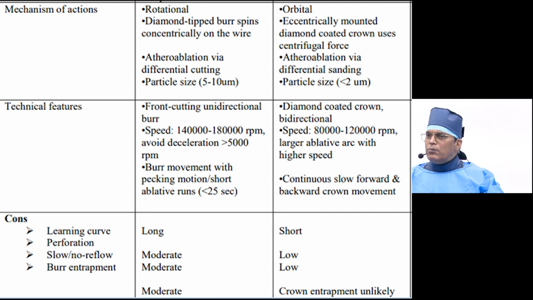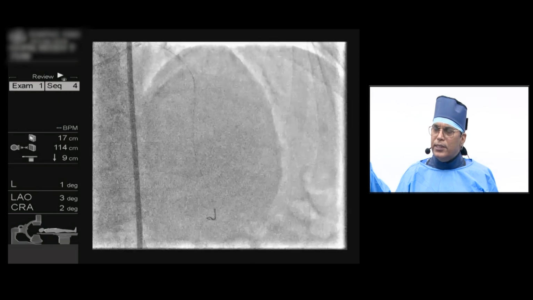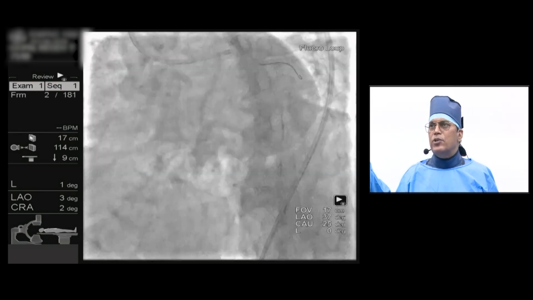So the overall ablation time is shorter because you are ablating during both forward and backward motion, and at the same time the ablation catheter moves around the periphery of the vessel lumen, so it can cut any calcium nodule or eccentric calcium. It can ablate the deep calcium very nicely, and for a larger lumen it is more effective, and that's the reason we have chosen it.